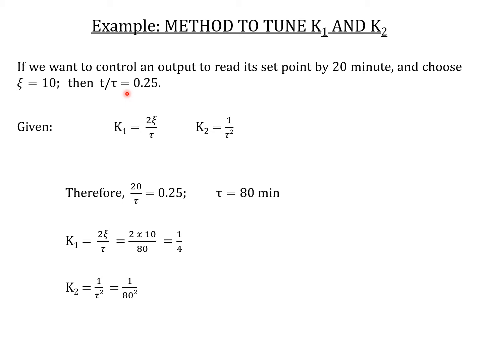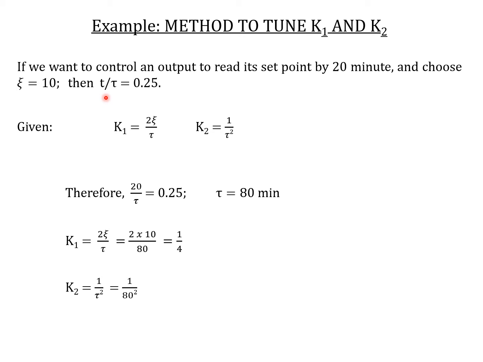For the tuning, say we want to control an output within 20 minutes, and choose zeta equals 10 and t over tau equals 0.25. It's given that K1 is 2 zeta over tau, and K2 is in this form. This is the part of the GMC formulation that helps us get the tuning parameters.